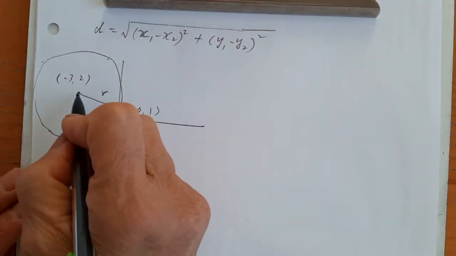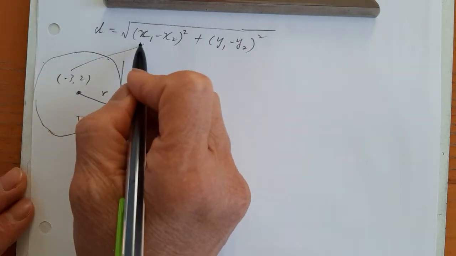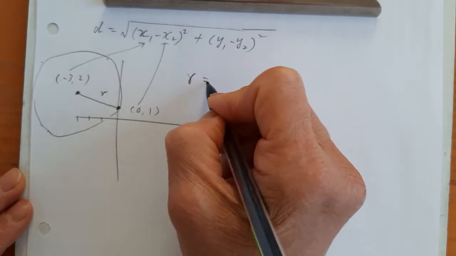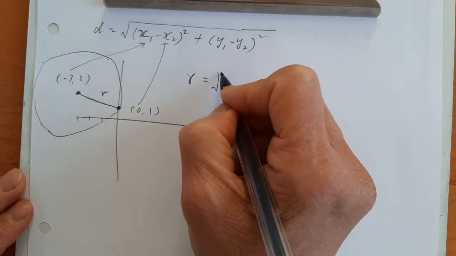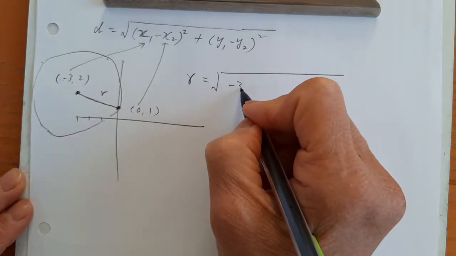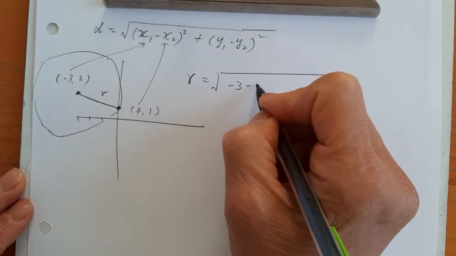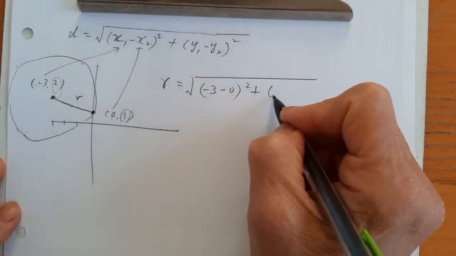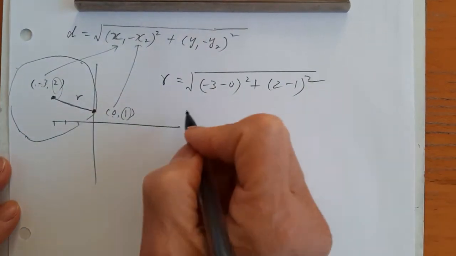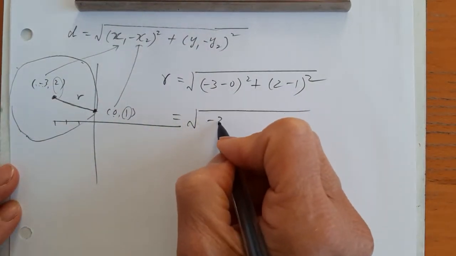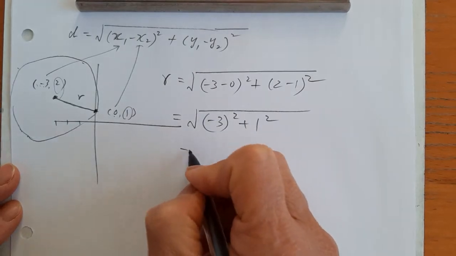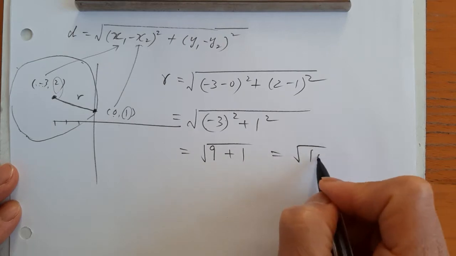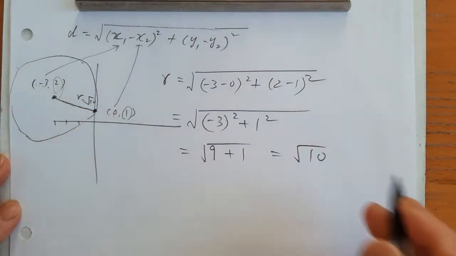Figure out r with the distance formula: (-3 minus 0) squared plus (2 minus 1) squared. This distance between the two points is the radius. So you get -3 squared, which is 9, plus 1 squared, which is 1. So the radius is the square root of 10.